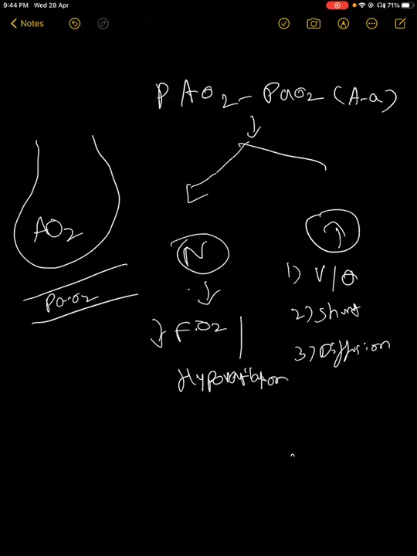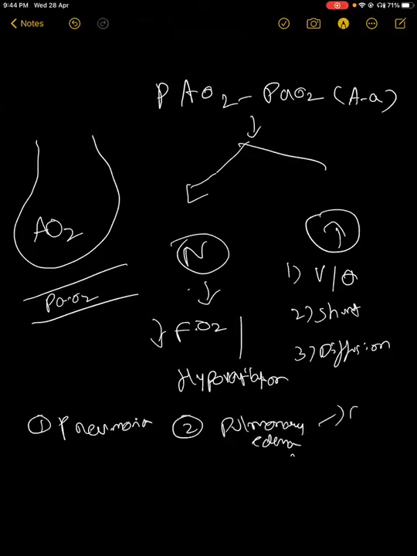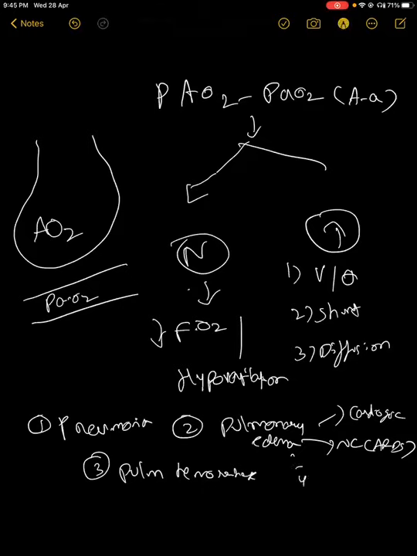So what are the common causes of type 1 respiratory failure? It could be pneumonia, pulmonary edema, which could be cardiogenic or non-cardiogenic, otherwise called ARDS. It could be secondary to pulmonary hemorrhage or pulmonary fibrosis.